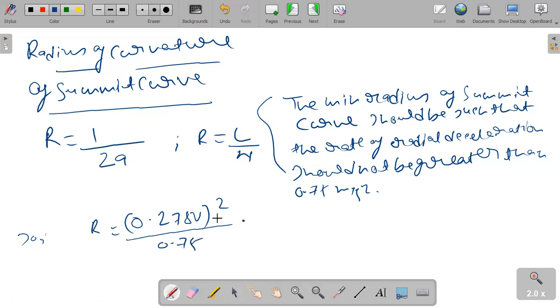And we also have a table between speed and minimum radius of summit curve, which will help you solve numericals.